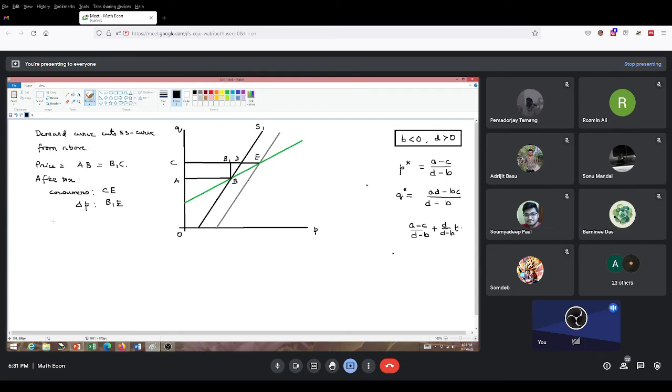And what happens to the producers? How much are they getting? You have to go along the supply curve. So it is CD. And what is the tax? The difference between the two lines? DE. Now B1E is B1D plus DE.